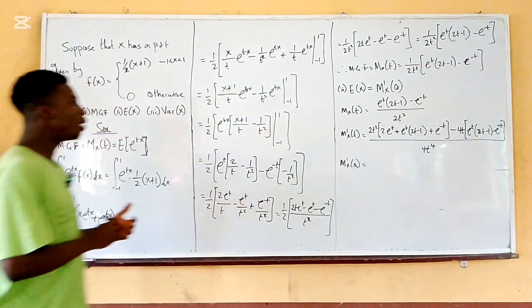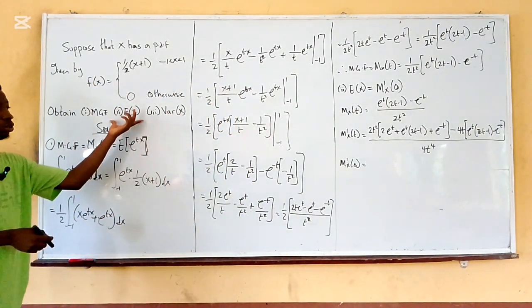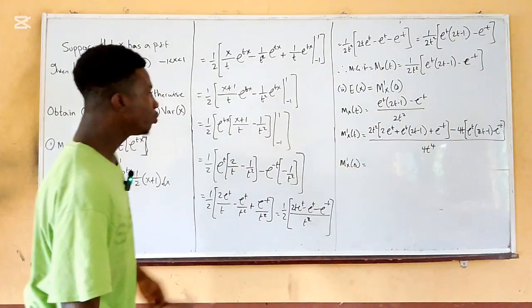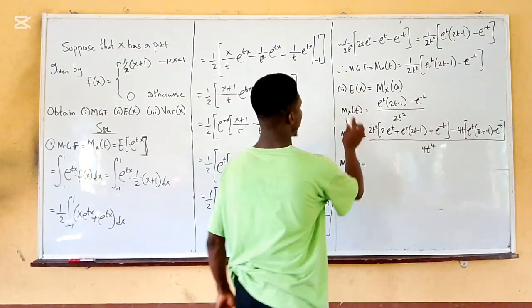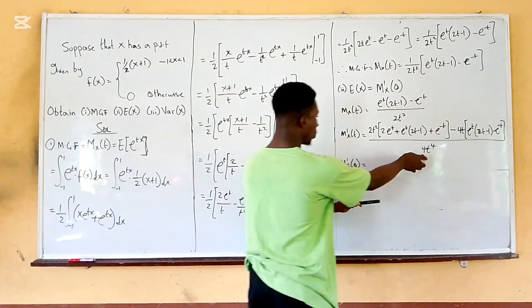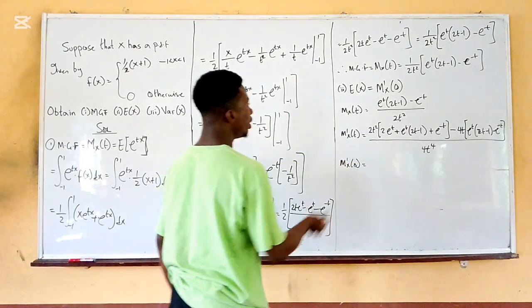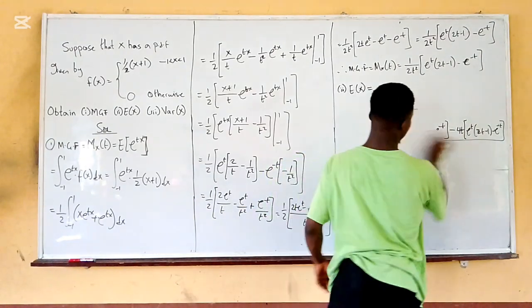So now the problem is, how do I get my expectation of x, which is my mean? Since this method is not valid, because a direct substitution of 0 here will give us an undefined answer, what we can do is use the Maclaurin series.